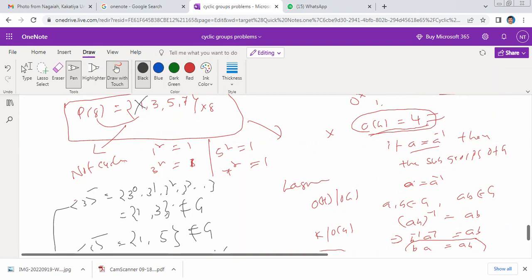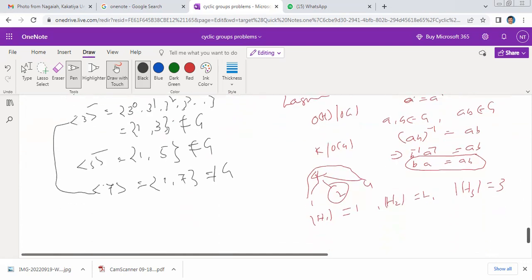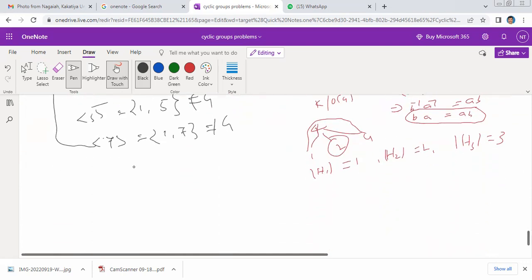Now Euler's phi function, and take n equal to 8. n is equal to 8, which is 2 cube. This is not a cyclic group. Here I am going to give a formula: U of n is not a cyclic group. You see, this is the case of this formula.